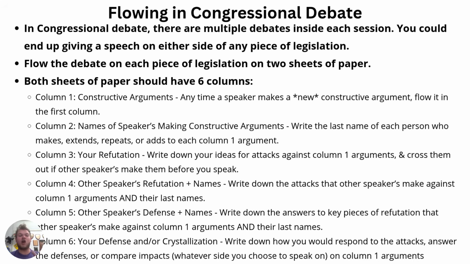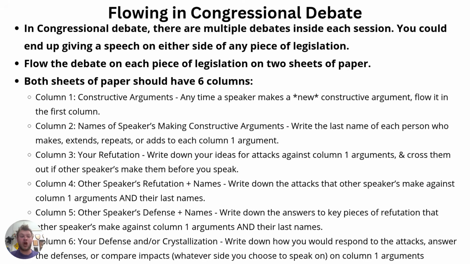Basically, anybody who's on this side of the debate and is agreeing with these points, you want to write down their names next to the point, because then later on in the round, if you attack those points, you can say, Senators Smith, Johnston, and Mary have all argued that blah, blah, blah. And so it sounds really good when you can name all of the people who have made that point.